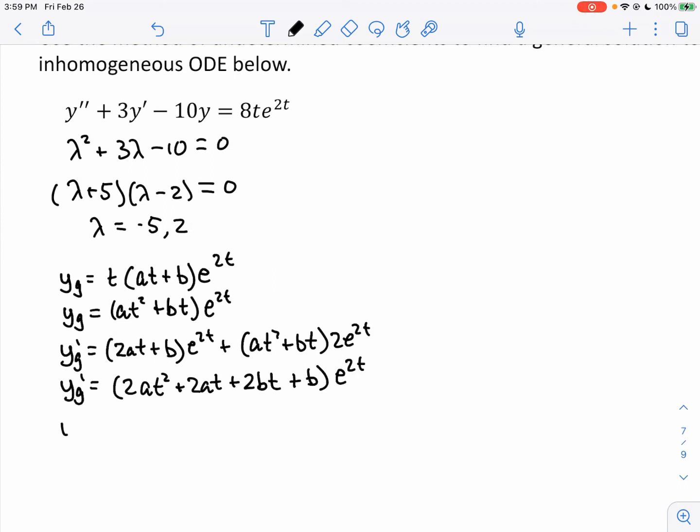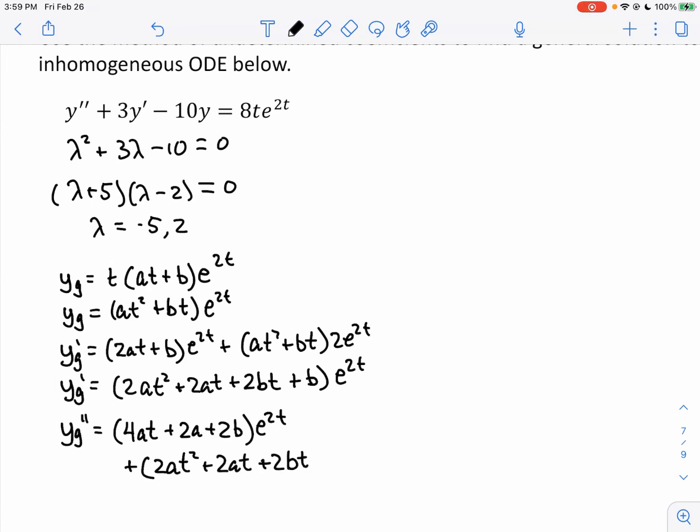Now we've got to do a second derivative. Again, product rule. Derivative of the first, 4at plus 2a plus 2b, times the second plus the first times the derivative of the second.